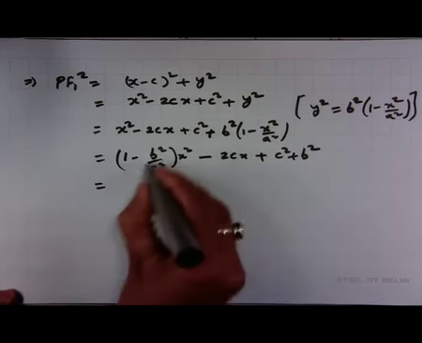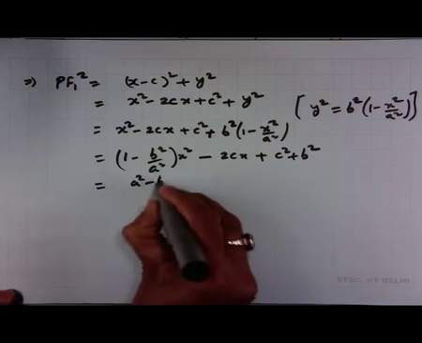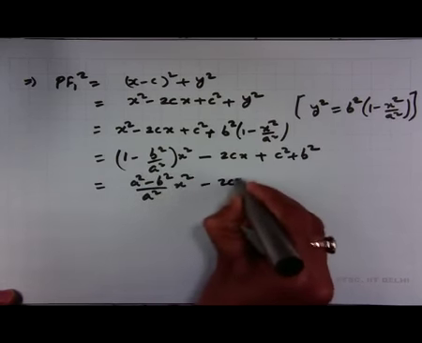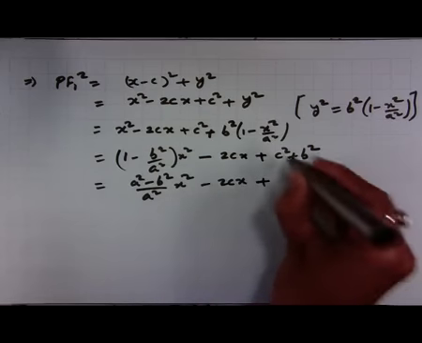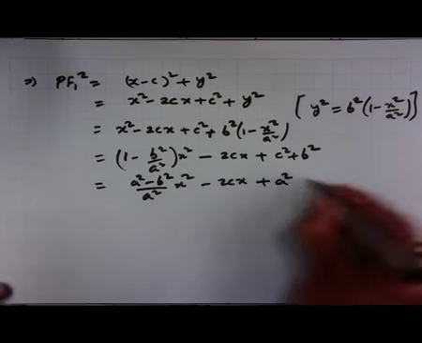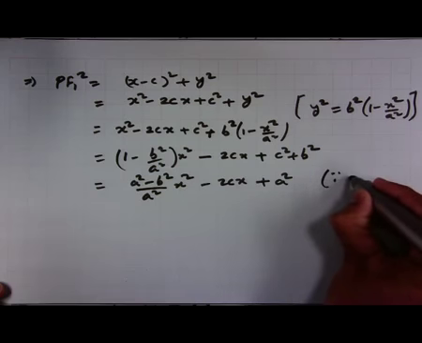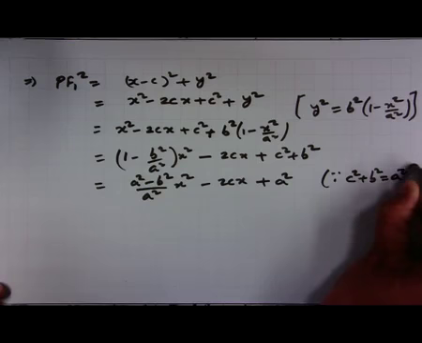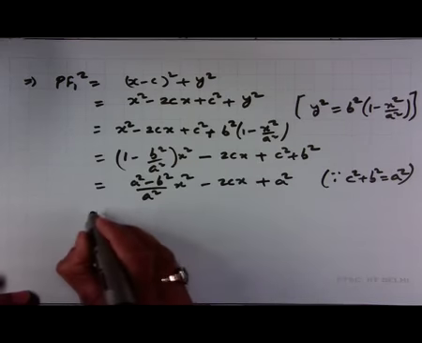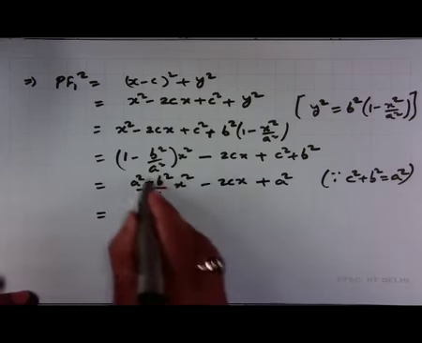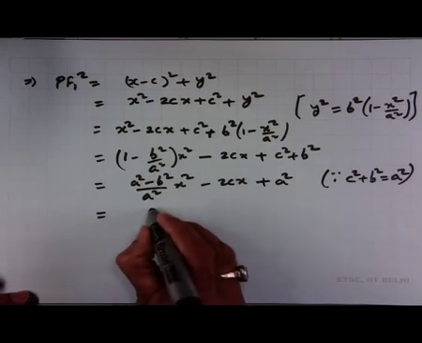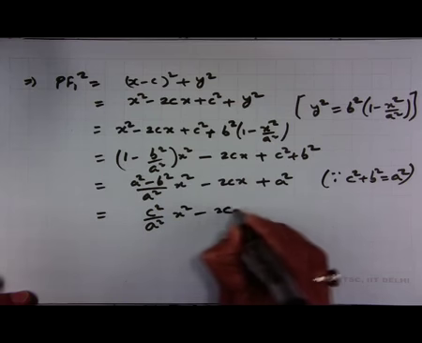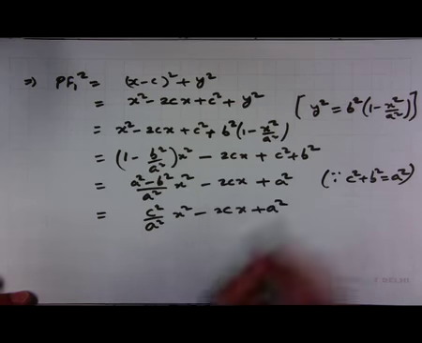But what is this? This is equal to (a square minus b square by a square) x square minus 2cx plus c square plus b square, which is equal to a square. c square is given by a square minus b square. Again let us put a square minus b square as c square here. So, this is c square by a square x square minus 2cx plus a square.